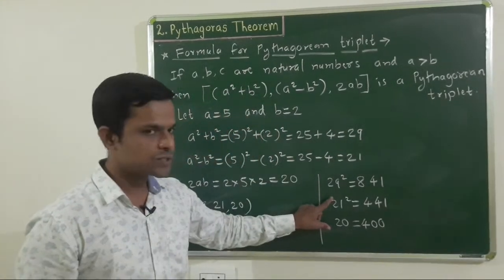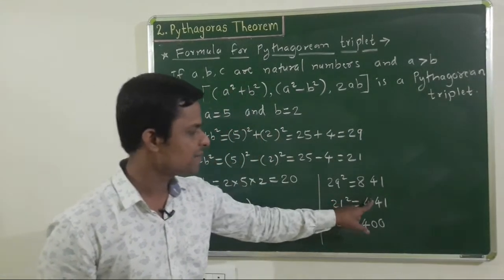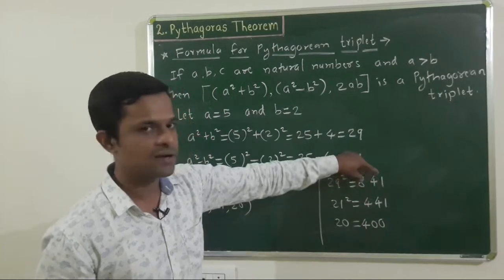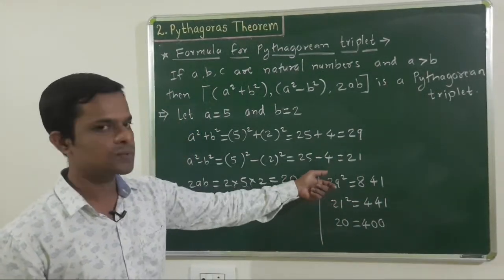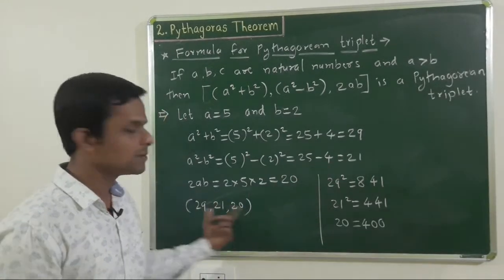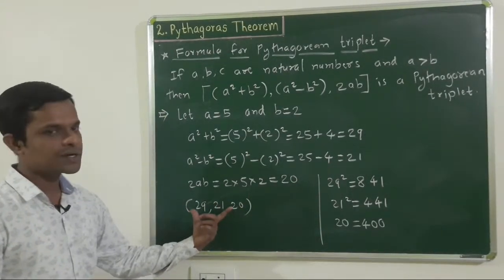Now take the sum of squares of these two numbers, that is 441 plus 400, that is 841. Therefore, the sum of squares of two numbers is equal to the square of the largest number. Therefore, these three numbers form a Pythagorean triplet.